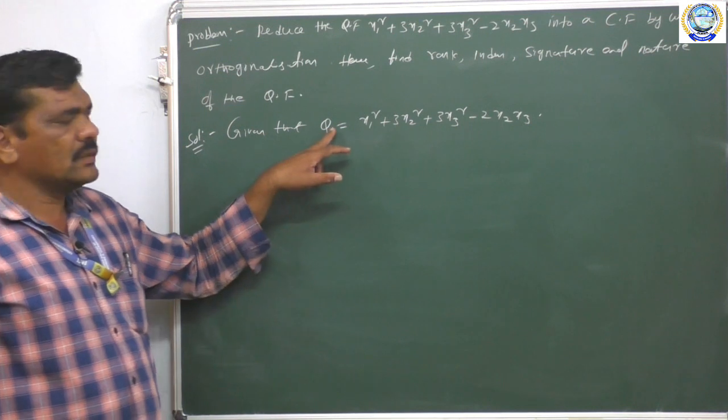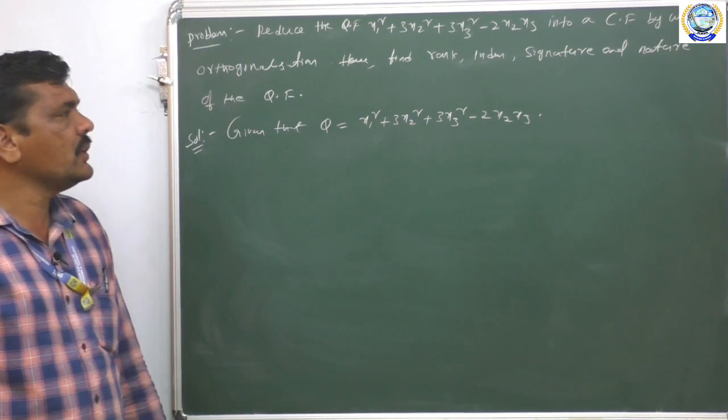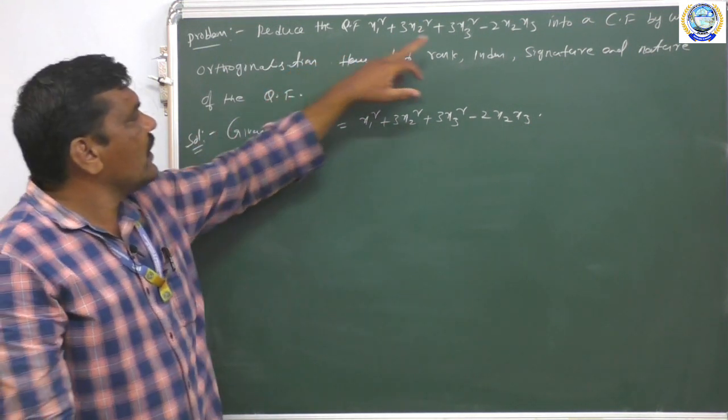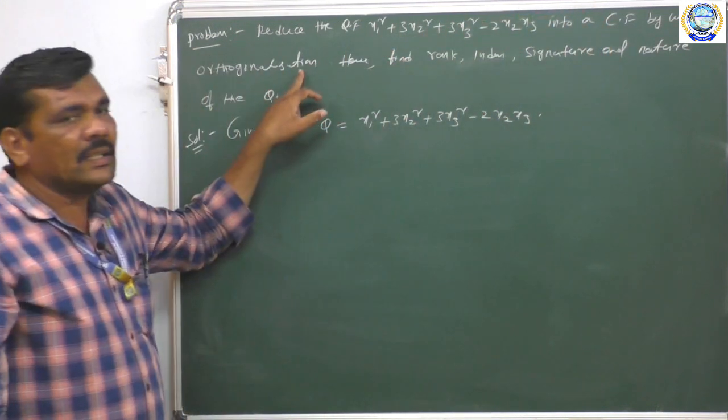Now, to reduce this given quadratic form into a canonical form by using the orthogonalization method.